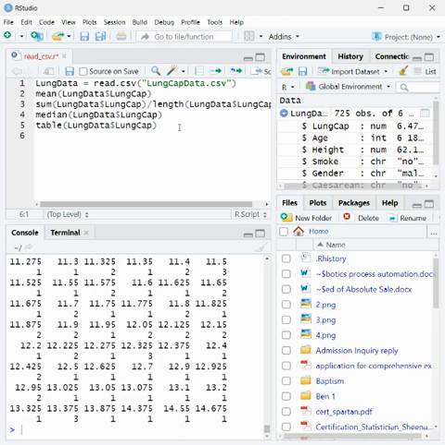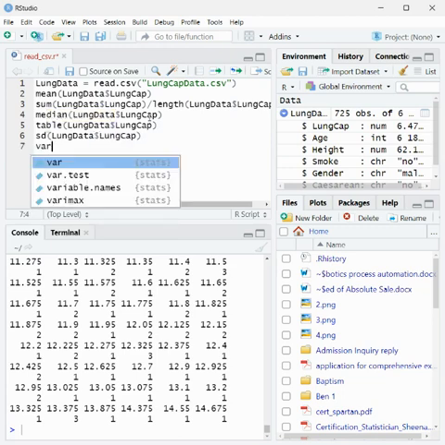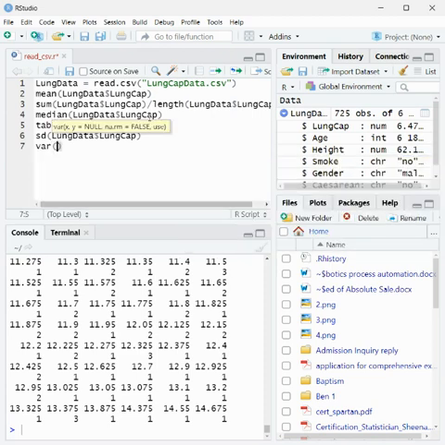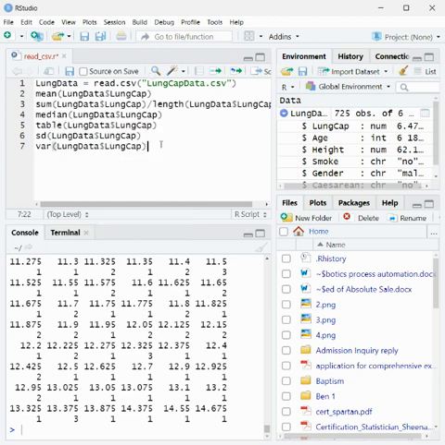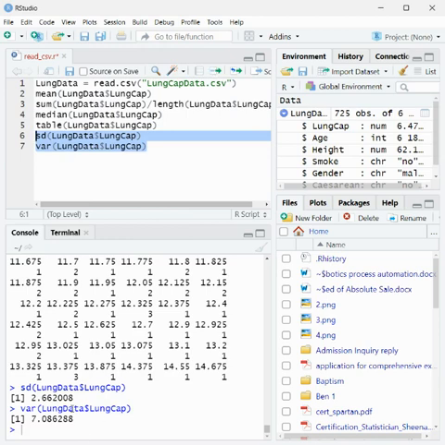So for standard deviation, SD, and then same data, long data, then long cup. If you want to know the variance, just use var. So SD for standard deviation, var for variance.